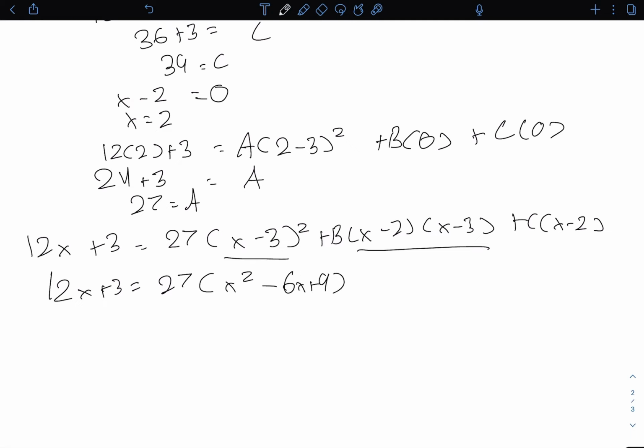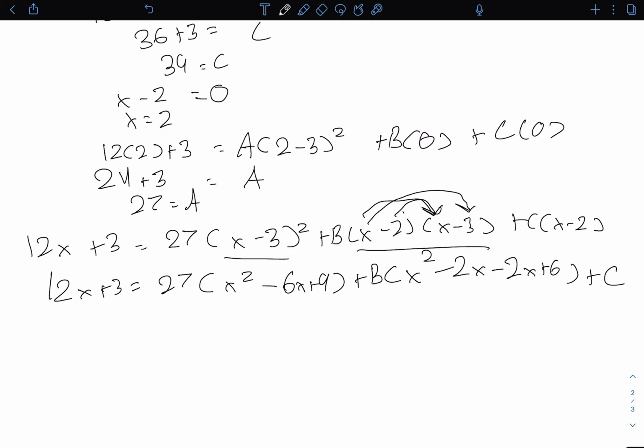You should be able to do this mentally, with a squared minus 2ab plus b squared. Plus b. Now let's do this. So x squared minus 3x minus 2x plus 6.